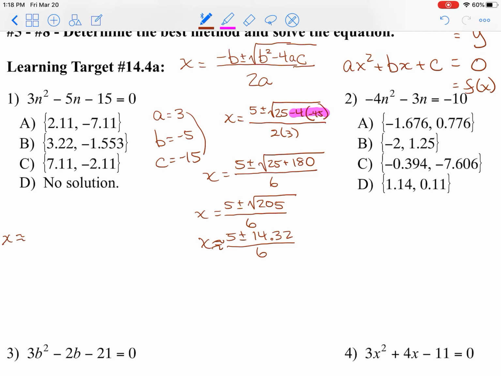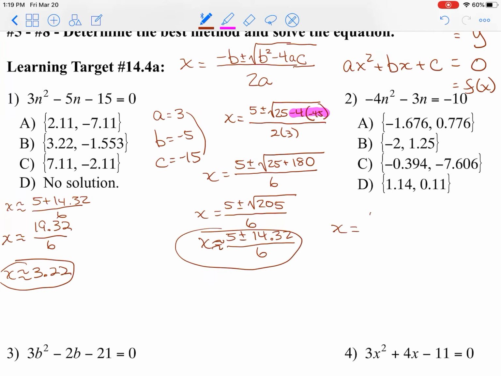So then x is approximately 5 plus 14.32, so 19.32 divided by 6. 19.32 divided by 6 is about 3.22. And then on this side, I'll split it up. Over here I did 5 plus the 14.32 over 6.